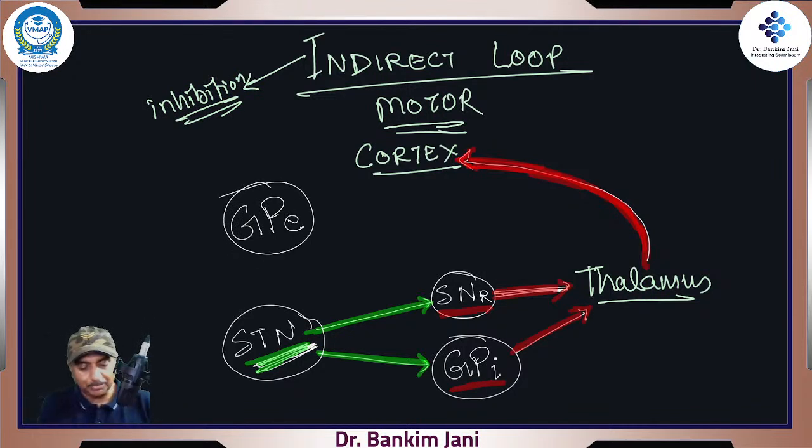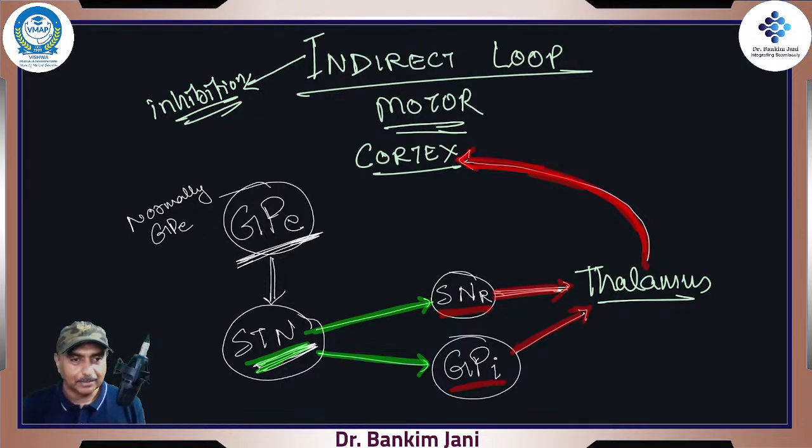Now this is GPE, right? Under normal circumstances, this GPE will be telling this subthalamic nucleus, "See, be a good child, STN, don't be troublesome to anyone."